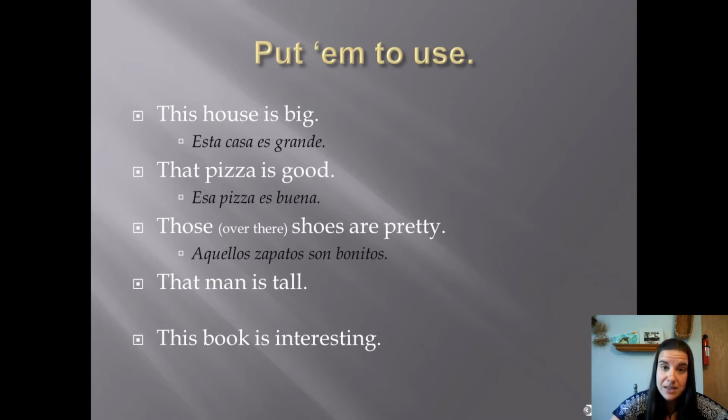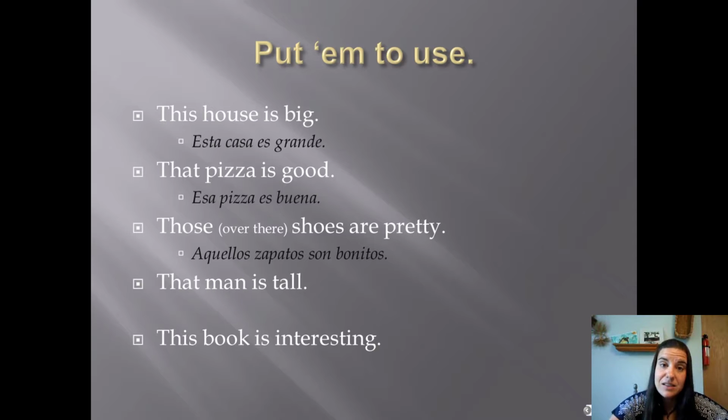Aquellos is masculine and plural. Zapatos is masculine and plural. Son is are for plural. And bonitos is masculine and plural. That's the key to making everything agree in Spanish, making sure your nouns and adjectives and modifiers all agree.